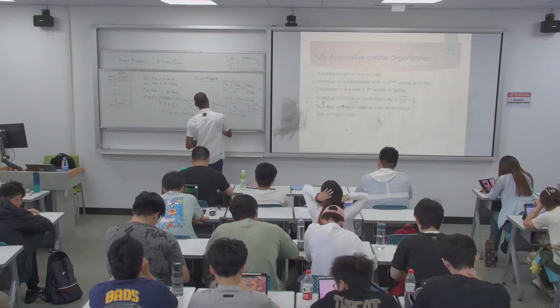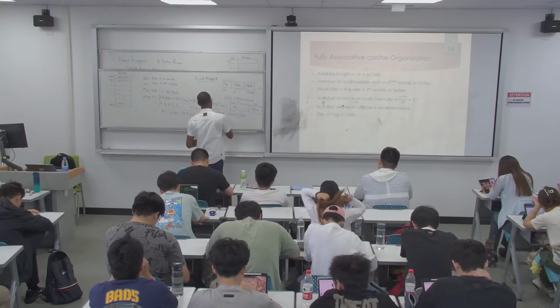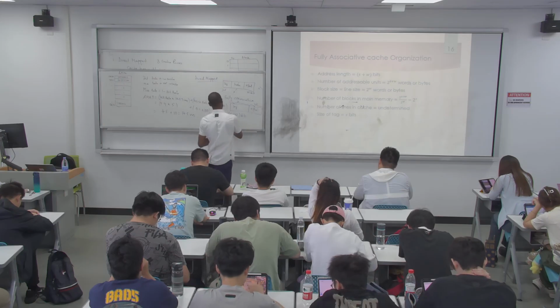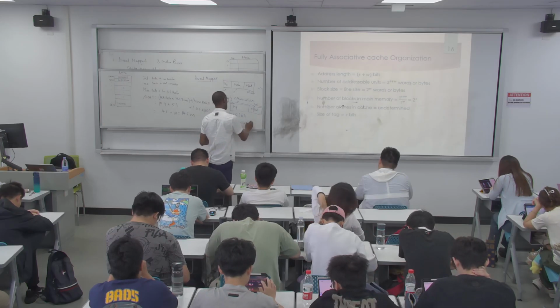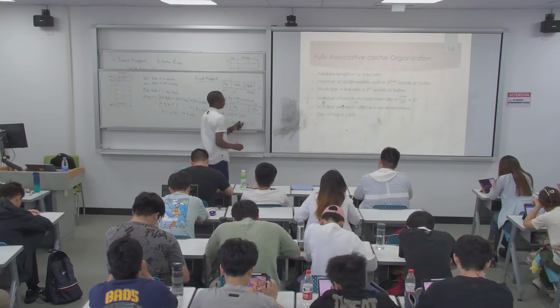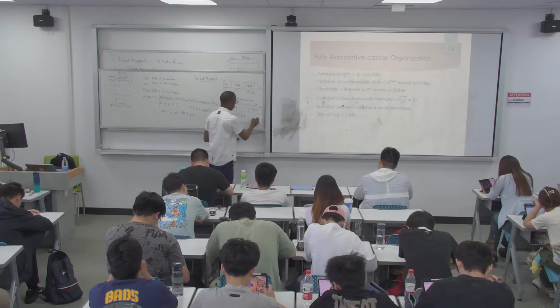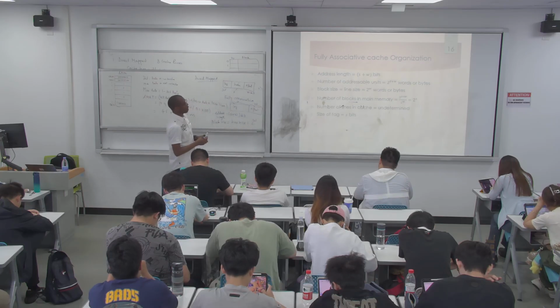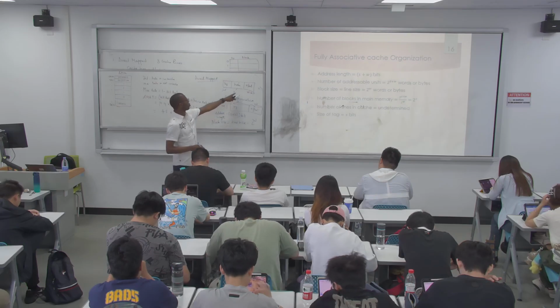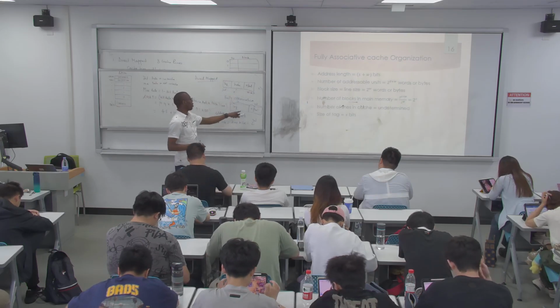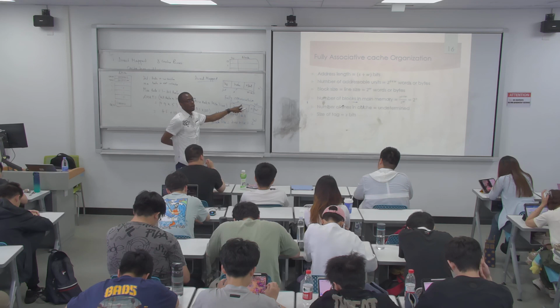Block size, which is also called the line size, is equal to 2 to the power of the number of bits in the offset. That is W. Now we can also calculate the number of blocks in the main memory. That is 2 to the power of S, which is the total number of bits in the tag.